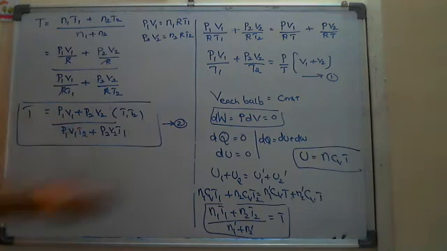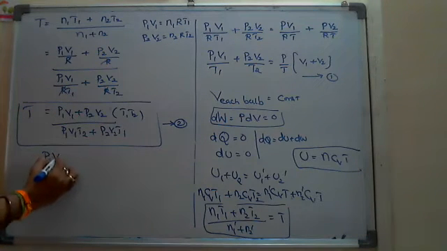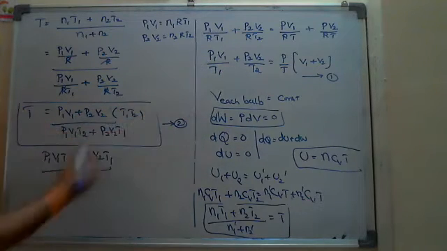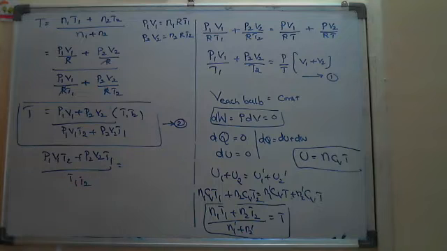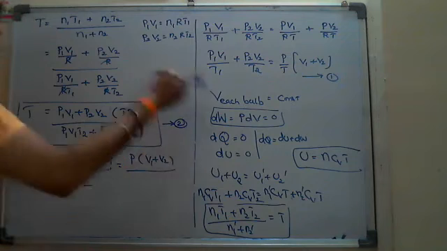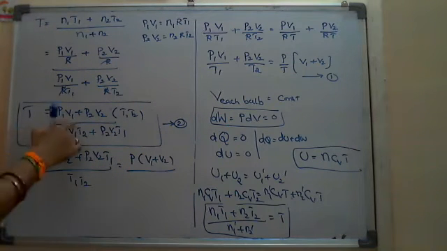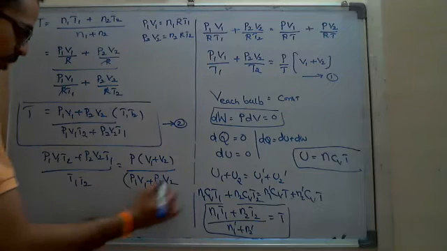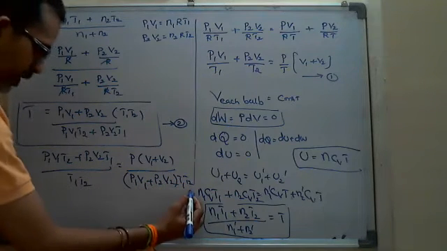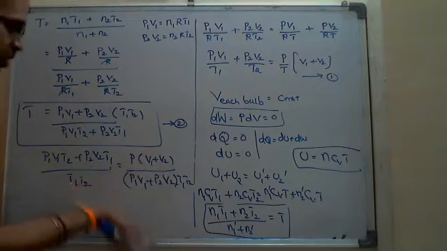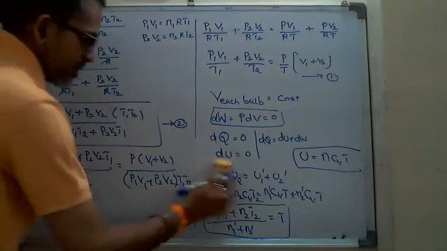If you substitute this temperature there, this whole denominator gets cancelled. I'm taking the LCM to the left-hand side: T1 T2 equals common pressure into (V1 plus V2) divided by the temperature, which is (P1 V1 T2 plus P2 V2 T1) over T1 T2.